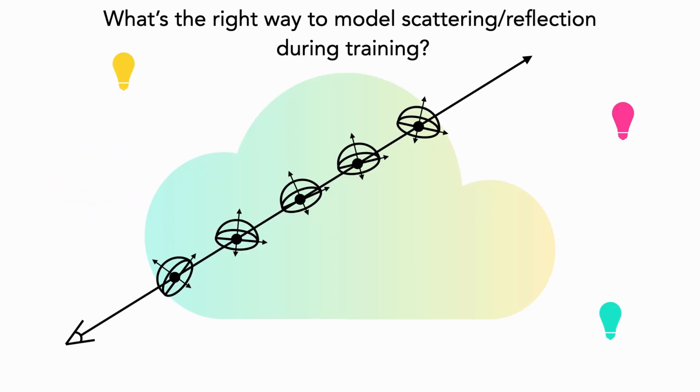Another question I think is really interesting is how do we model scattering during training? Even if we know that we're trying to recover a representation of an object with opaque surfaces, there could be optimization benefits in considering scattering functions that are not purely reflective, like BRDFs, during training, with the expectation that they'll end up as a purely reflective model at the end of optimization.